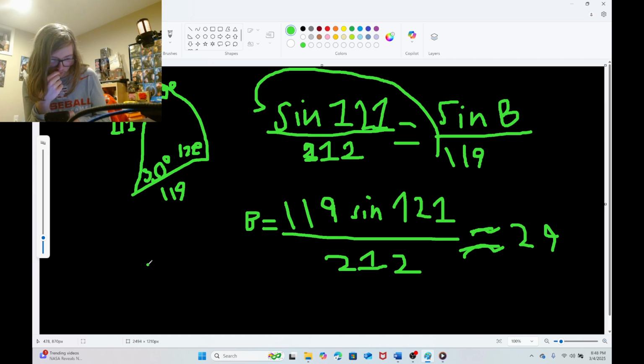This is for length. This gives us something to be roughly around the right length of 123.7. So roughly 123.7. Now, I did do that right, didn't I?